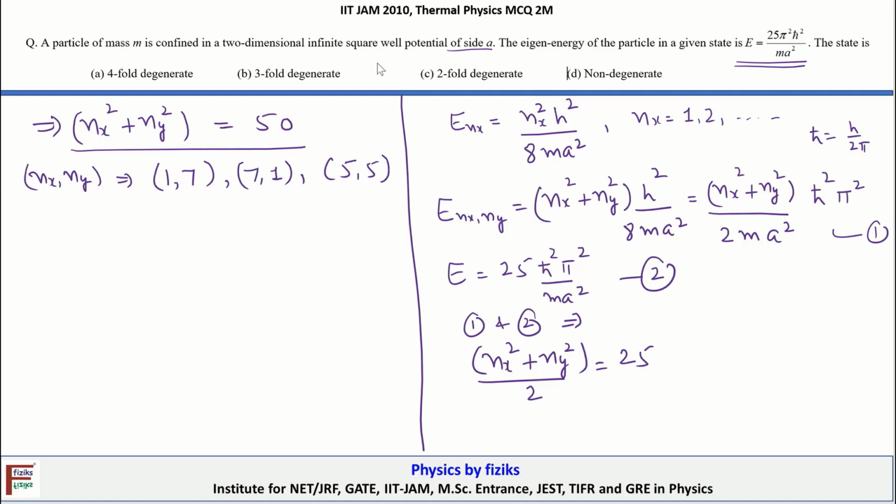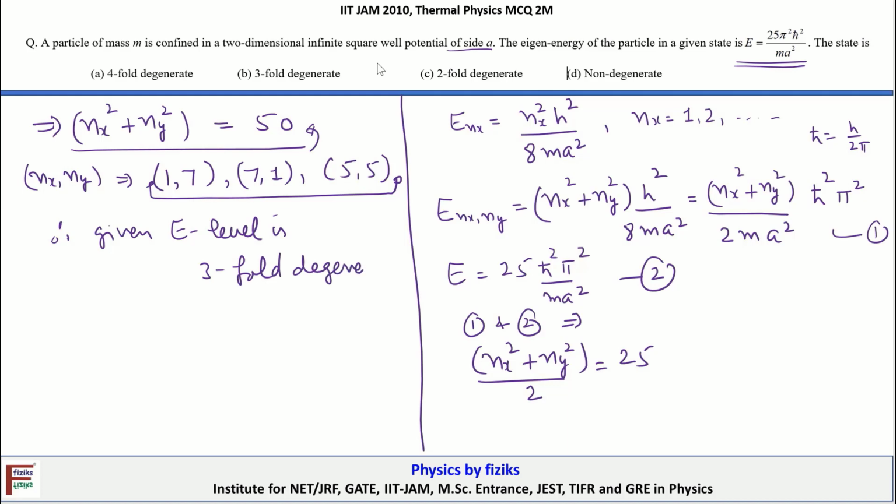For these three combinations of n x and n y, this condition will be satisfied. Therefore the given energy level is threefold degenerate. For these three different values of n x and n y, the energy of the level is the same. So B is correct here.